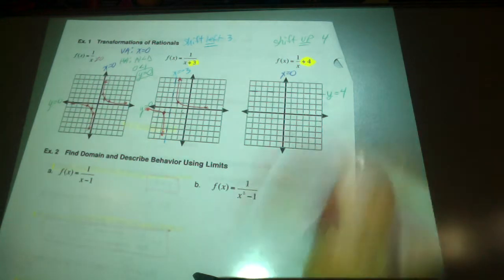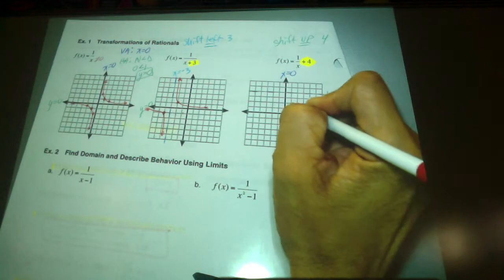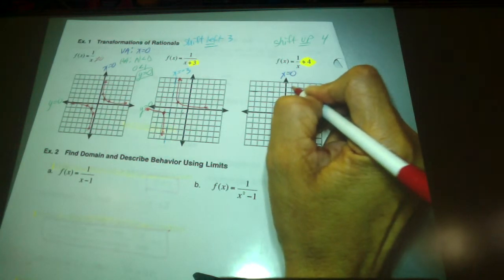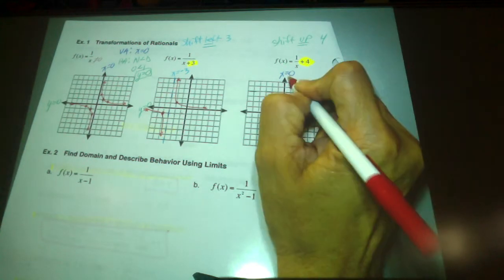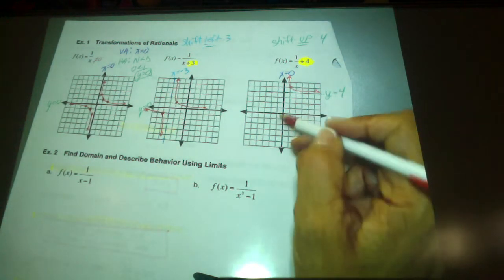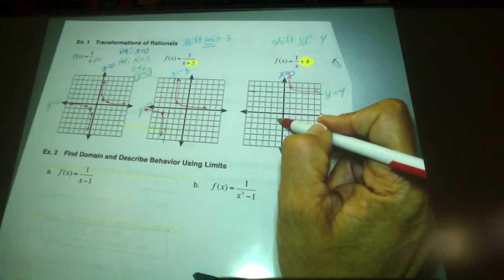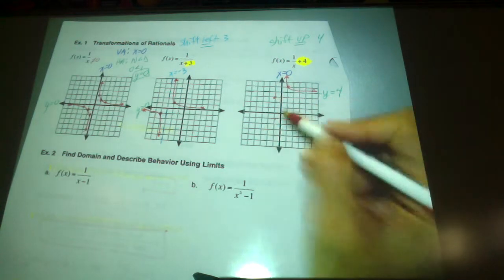I originally had an ordered pair at (1, 1). It's going to shift up 4 as well, and it's going to hug those two asymptotes. That original point (-1, -1) shifts up 4 as well, and it's going to hug those asymptotes.